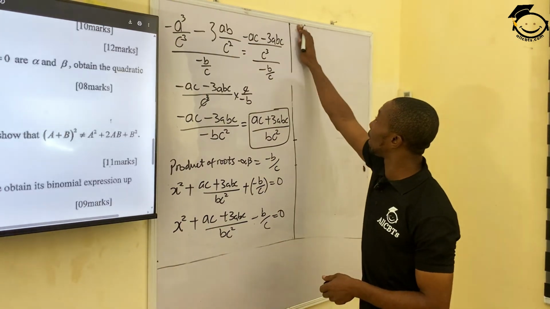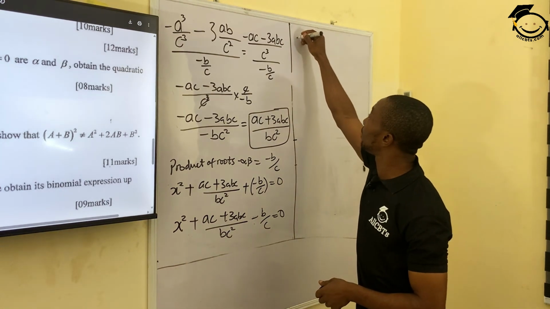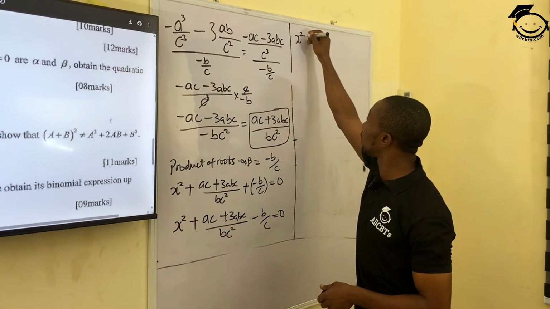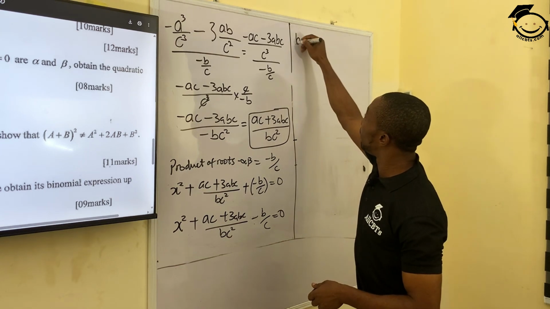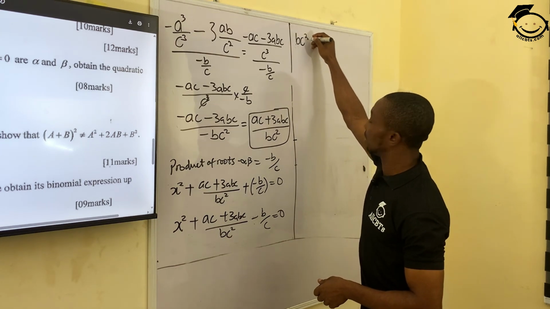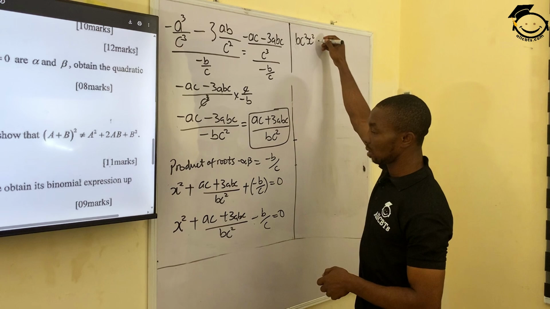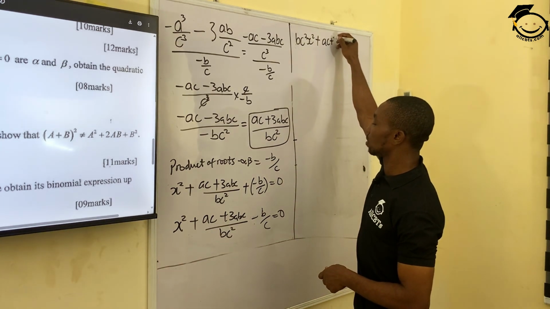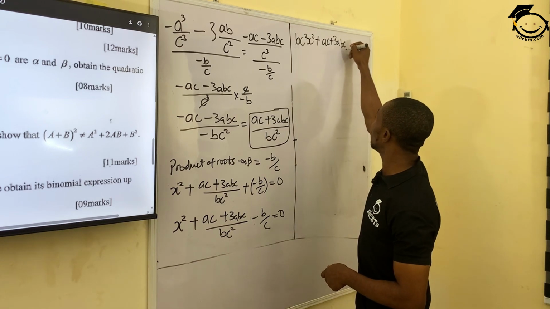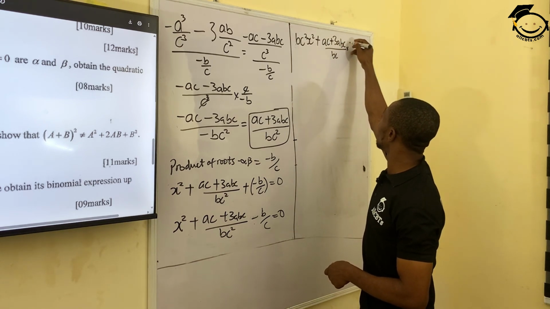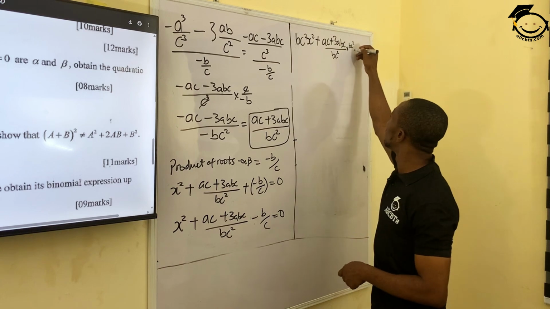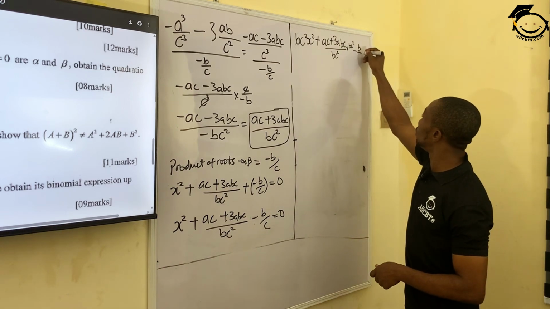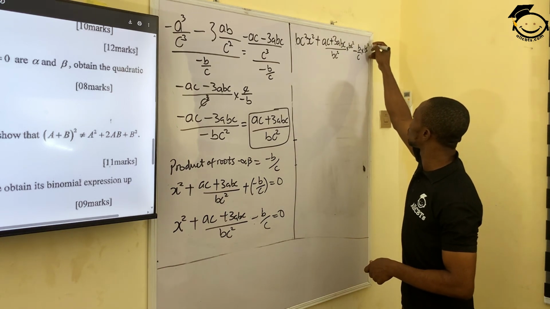So multiplying through by BC squared, we're having BC squared x squared plus AC plus 3ABC all over BC times BC squared, minus B over C times BC squared.